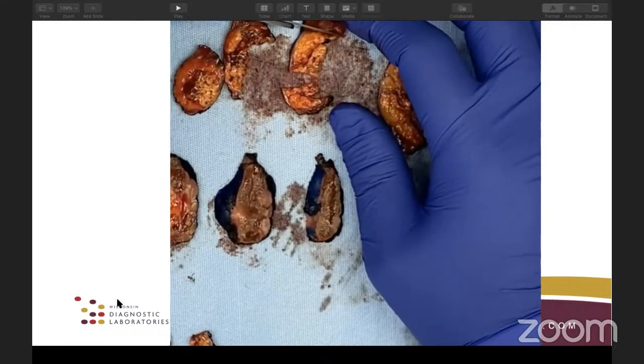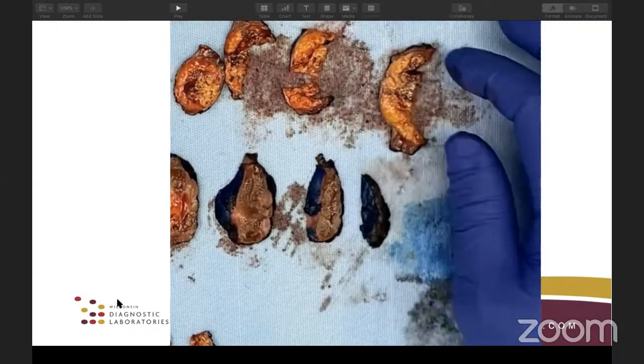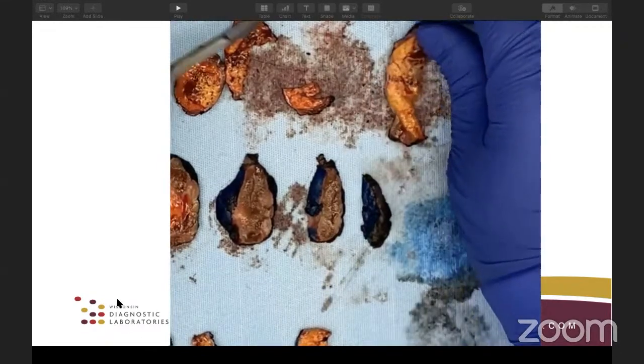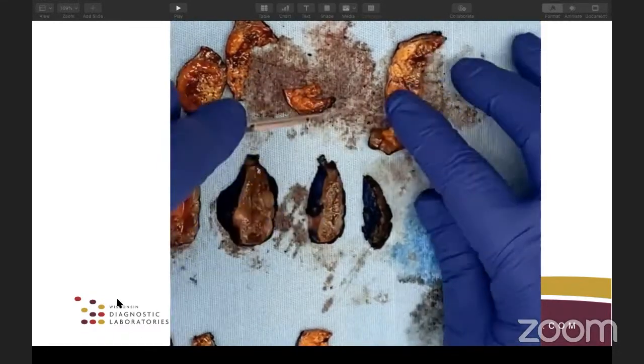Okay, now I'm looking at tumor to the capsule, and I'm going to concentrate on that area. Remember, at the beginning, there was an area that was yellow where the tumor was kind of bulging up into the capsule. So I'm going to concentrate on that area.